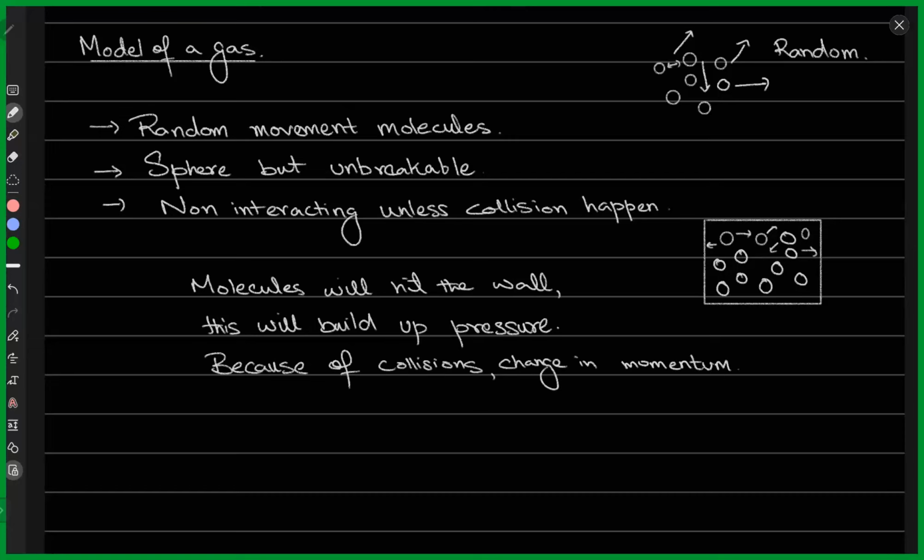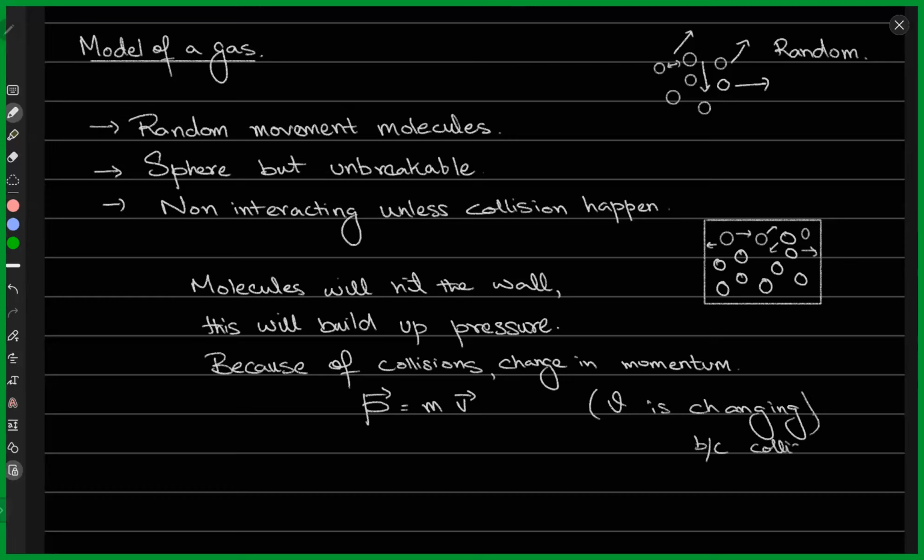And we know that momentum, which is normally written as vector P, is m times vector V. When they collide with each other or the walls of the container, the velocity is going to change. So the velocity is changing because of the collisions.